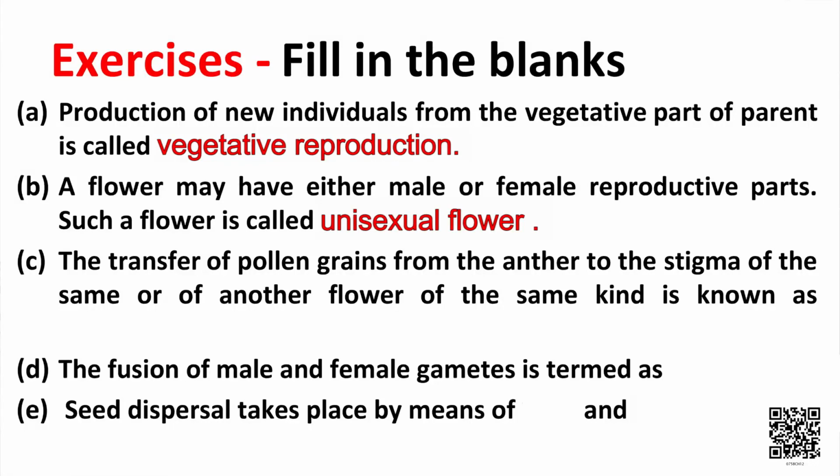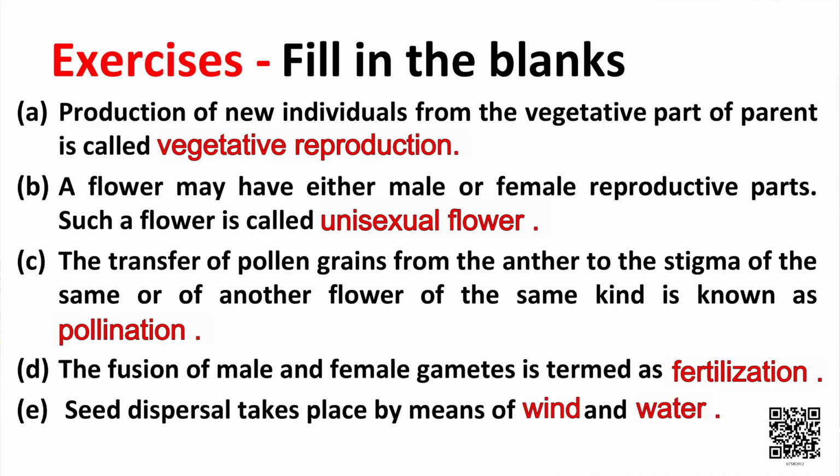C. The transfer of pollen grains from the anther to the stigma of the same or of another flower of the same kind is known as pollination. D. The fusion of male and female gametes is termed as fertilization. And E. Seed dispersal takes place by means of wind, water and air.